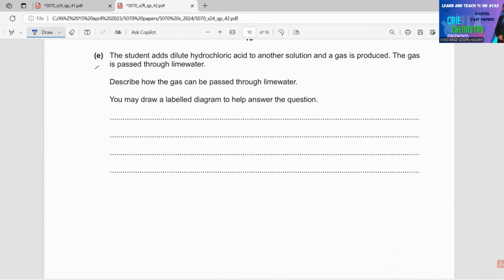So for the labelled diagram, you will be having one test tube with HCl. So you have one test tube like this. It must be solution P plus HCl, and here's the solution. Then pass this gas through lime water. It must be a delivery tube like that.